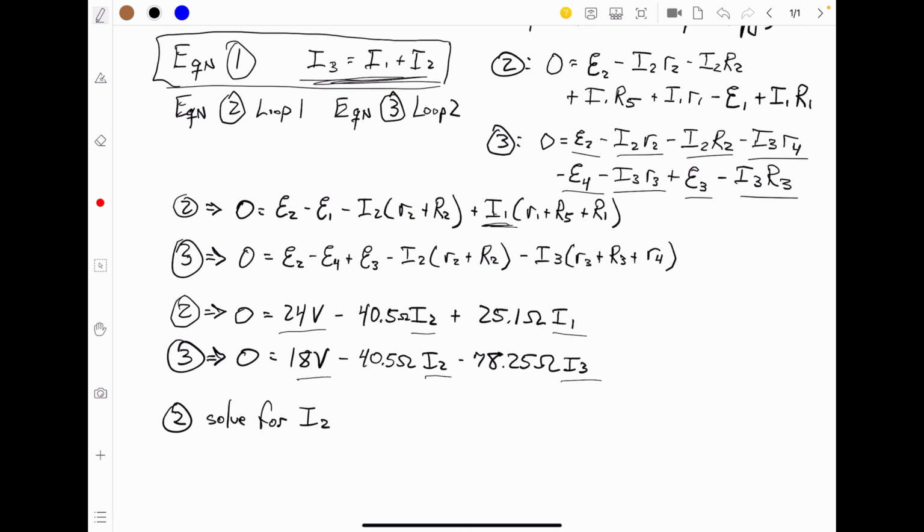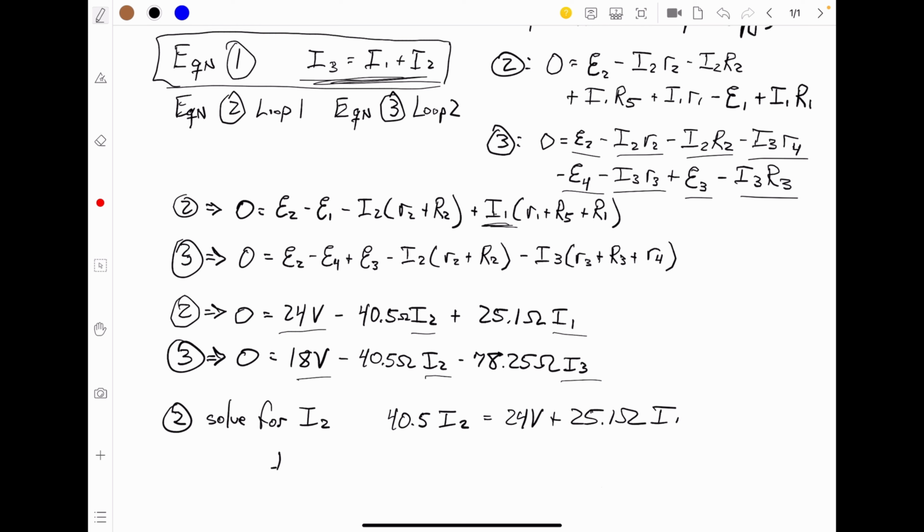Not terribly difficult. I'm taking equation 2. Since 40.5 times I2 is negative, I'm going to put 40.5 times I2 on one side of the equation because the other side of the equation is 0. So I'm just adding to both sides. And that leaves me with 24 volts plus 25.1 ohms times I1.